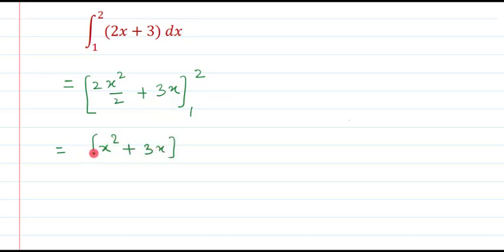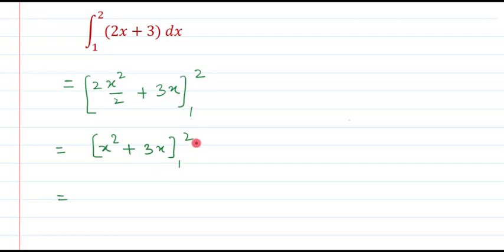Now, same, let us write the limits. As we know, this is capital F(x) having the limits a to b, and we know it is F(b) minus F(a). First of all, we'll replace this x with the upper limit, minus this x replaced by the lower limit.